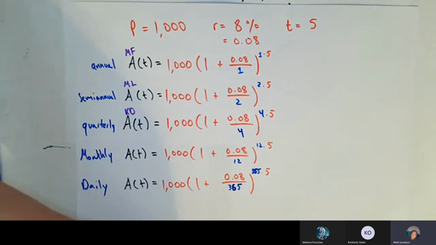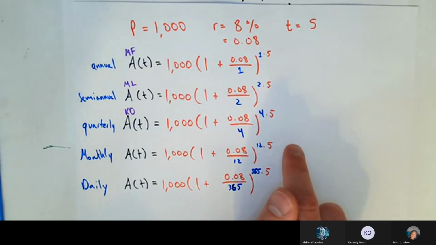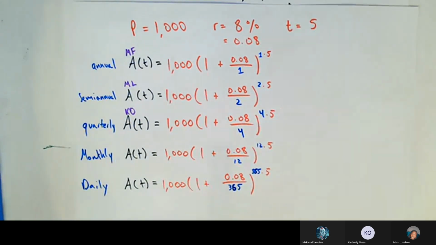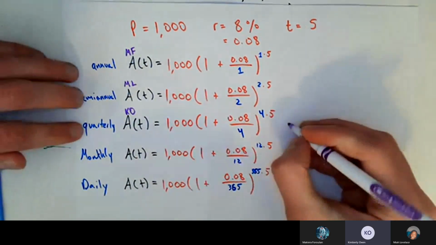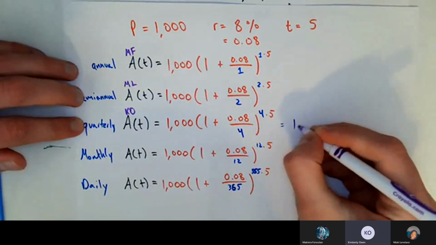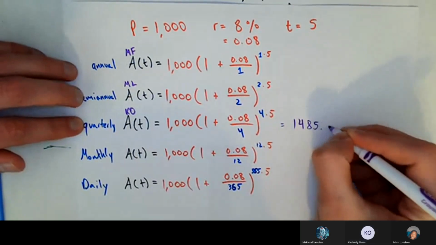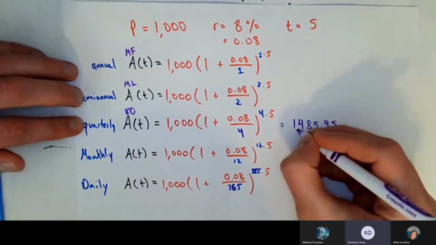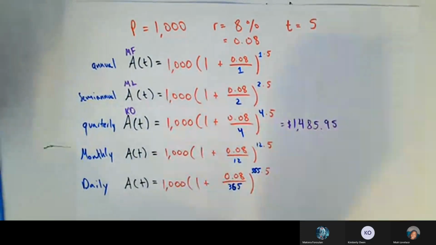I'm working on it. Okay. And Kimberly, do you have the quarterly one? I got 1,485 and 95 cents. You said 1,485.95? Yes. Okay, cool. That seems about right.